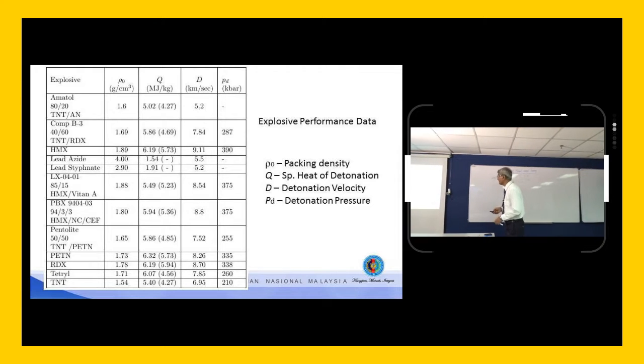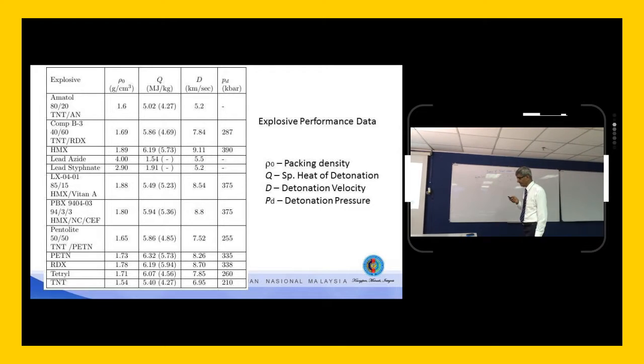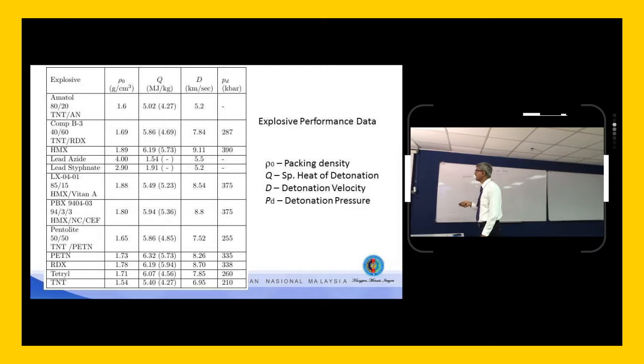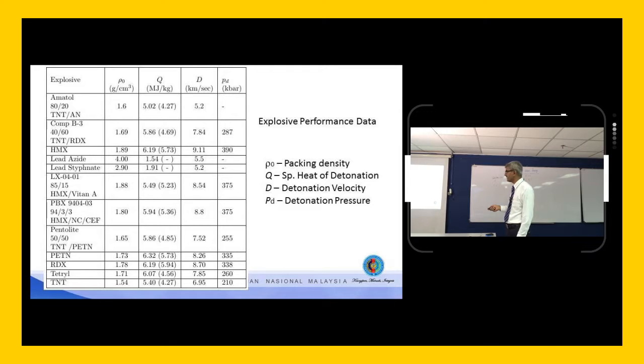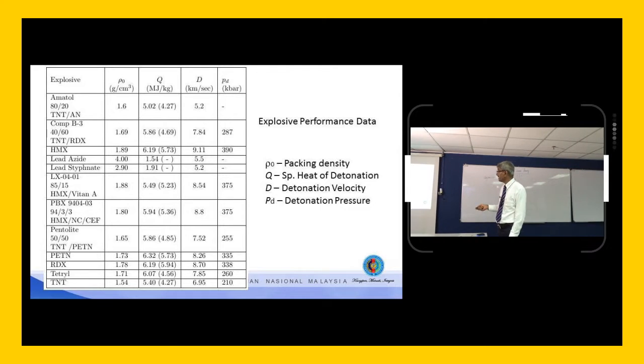Okay. Now, maybe we come back to these. Here I have given some of the characteristic parameters. The performance parameters, first one, this D especially, the detonation velocity and the detonation pressure, depend upon rho naught. For example, for TNT, if you look into the literature, the value I mention here is for 1 point something density.